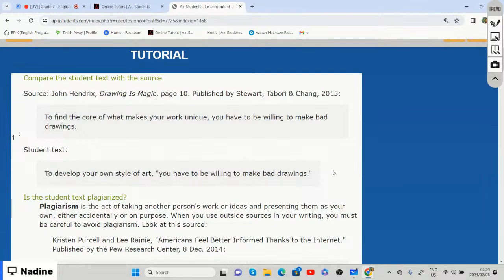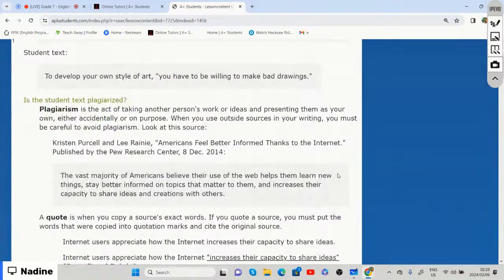All right. And once again, we said plagiarism is the act of taking another person's work or ideas and presenting it as your own.